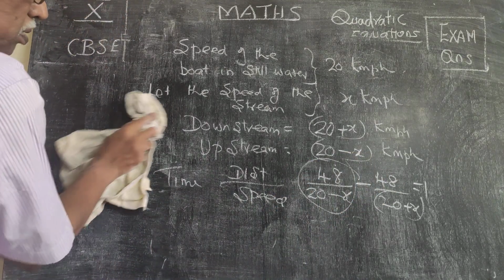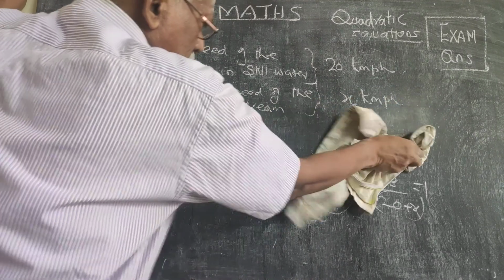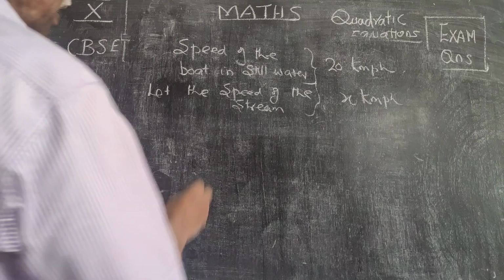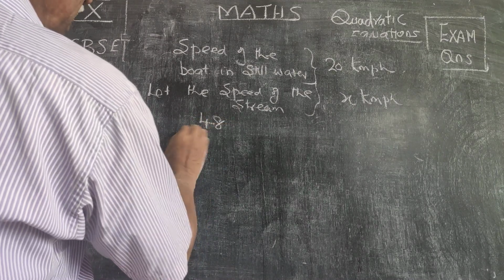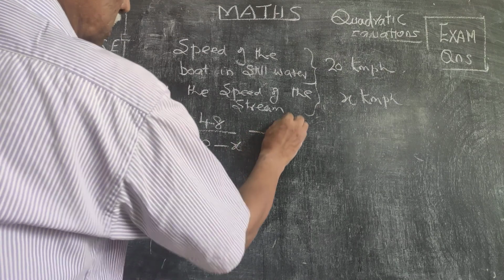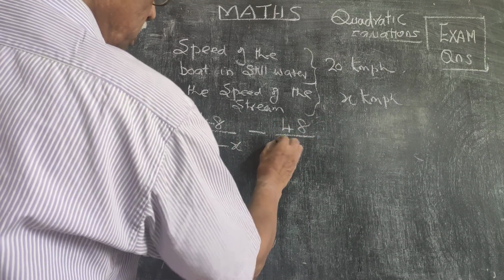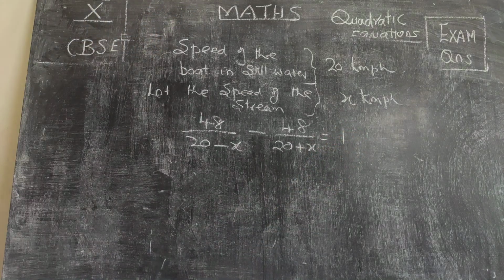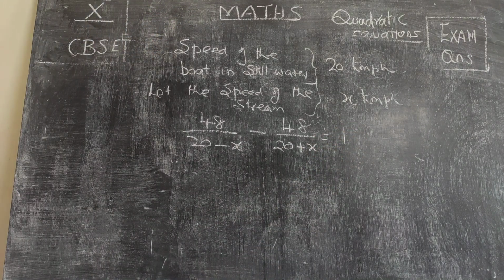Now let me go a little bit above this. So what do I get? 48 divided by 20 minus x minus 48 divided by 20 plus x equal to 1. This is the equation I have arrived at.